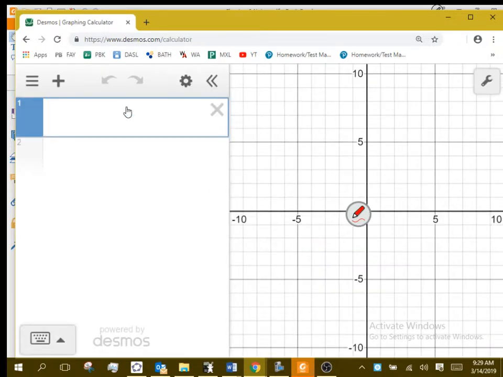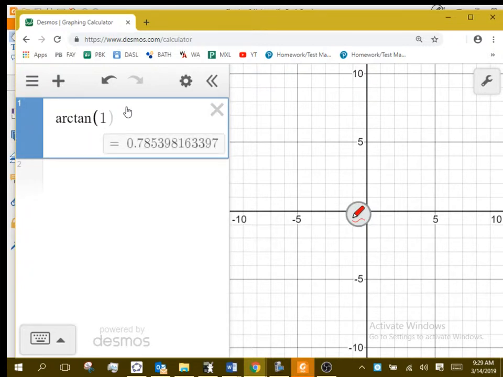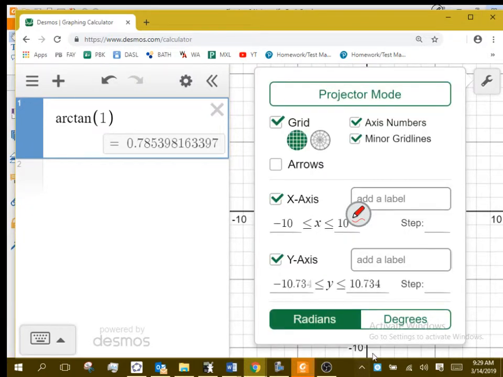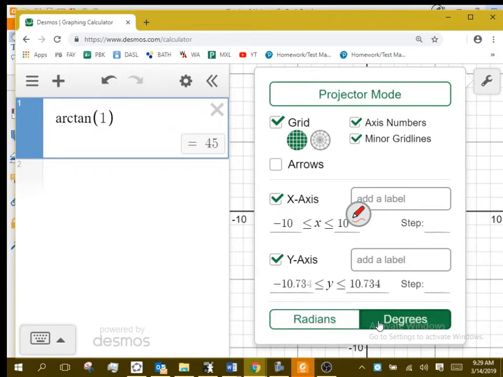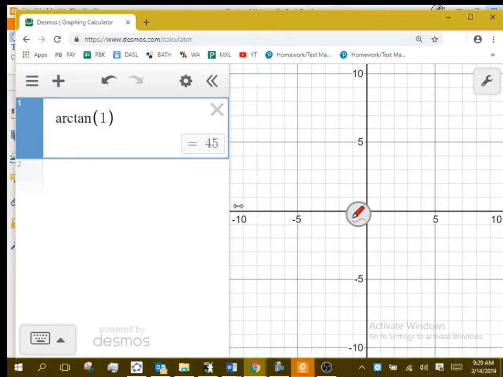If you're comfortable with your radians, you can type in arctangent, get 0.78. That's half of 1.57, which is pi over 2, right? Half of pi over 2 is pi over 4. Or you can change to degrees, which I think most people are a little bit more comfortable with. That's a lot nicer number, right? But you see arctangent of 1 is 45, okay?